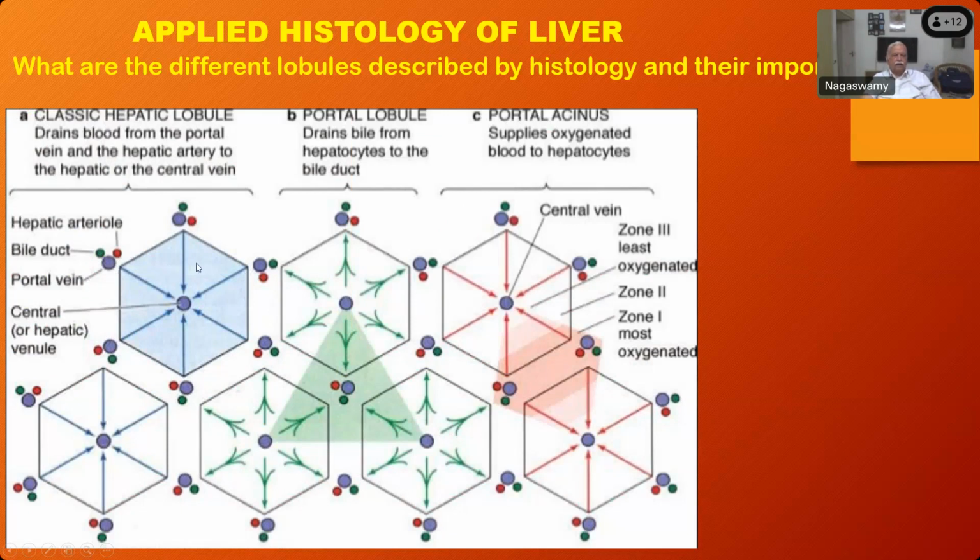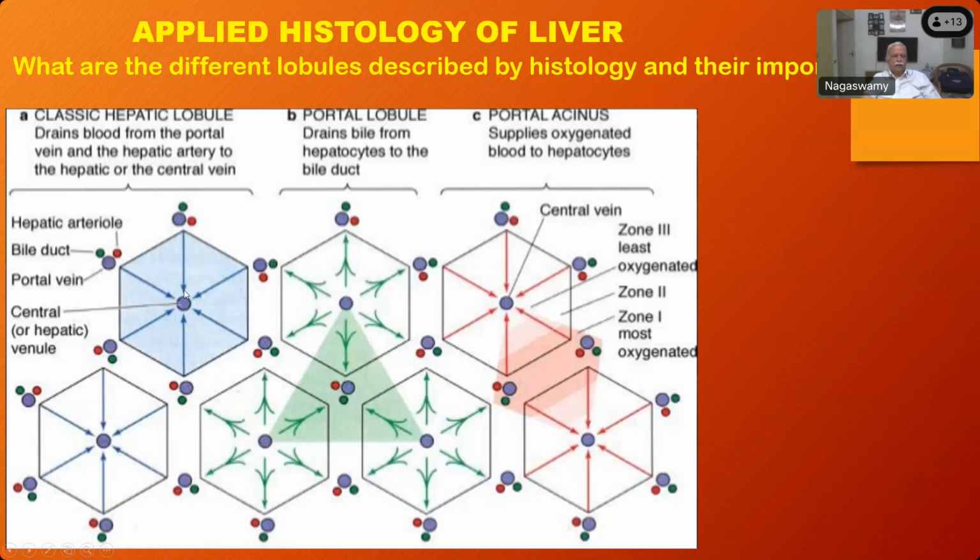So this is the classical histological. The purpose of knowing this hepatic lobule, which drains blood from the portal vein and hepatic artery towards the central vein. Okay, you can see the diagram where the arrows are pointing. All the blood flow is going from the corners to the central vein.